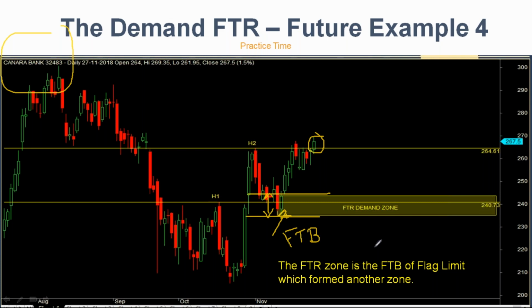There is a statement, sir, but H2 of Canara Bank is not broken with very high momentum. Let's see how things emerge then.